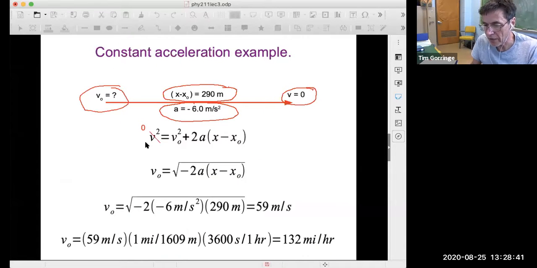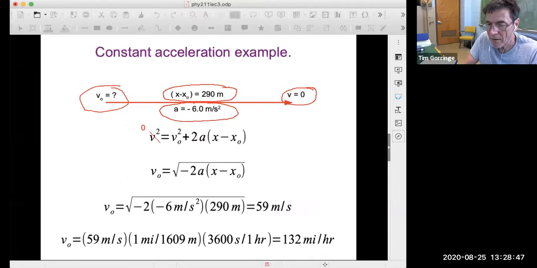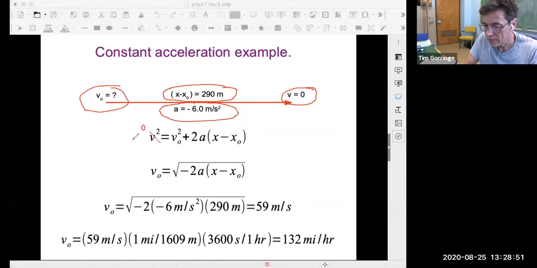That's why I picked that equation. This is our starting point, our choice of equation of motion.